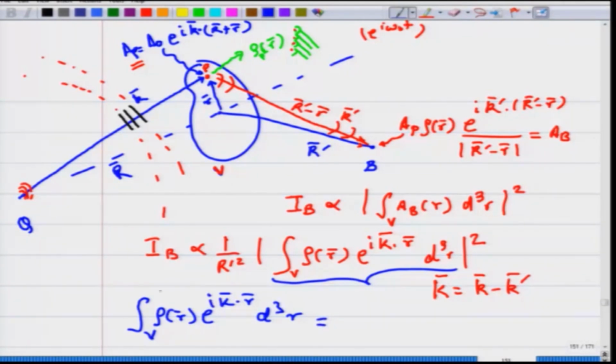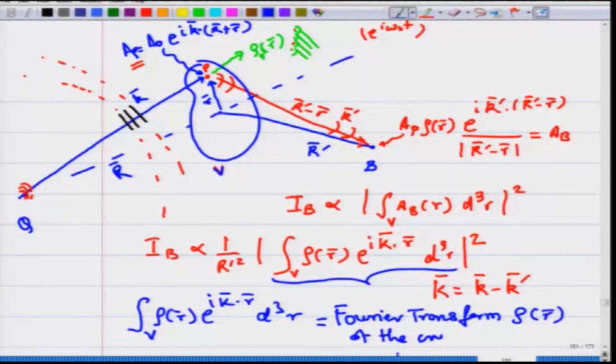If you see this quantity, this is nothing else but the Fourier transform of your density rho of r of the crystal. So, the intensity directly depends on the Fourier transform of rho of r.